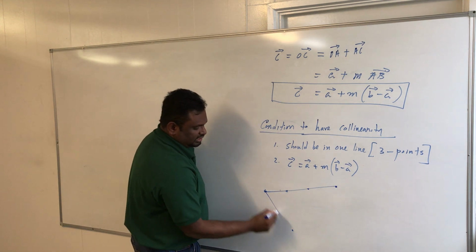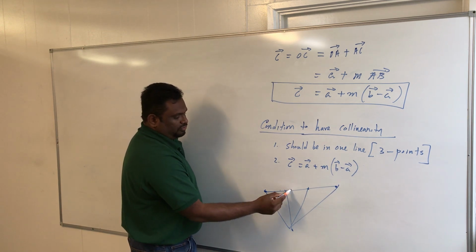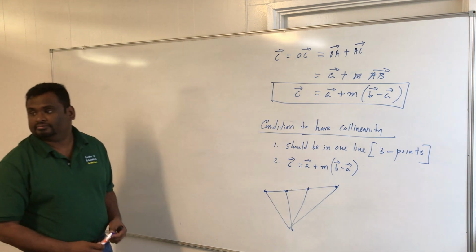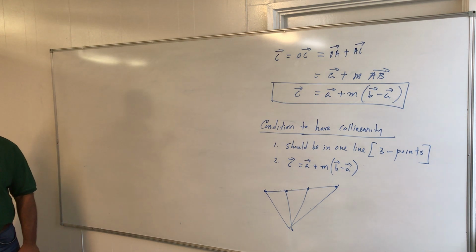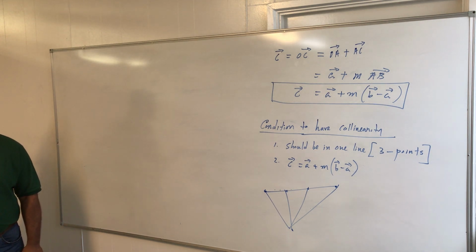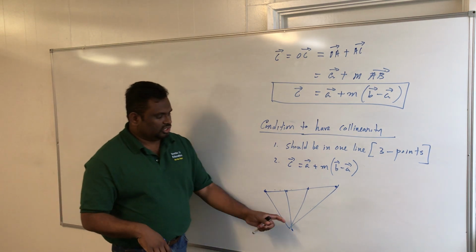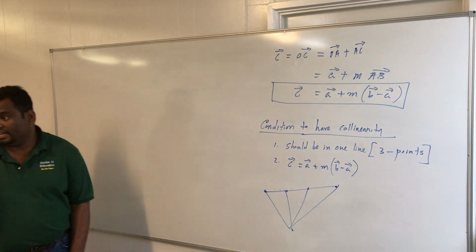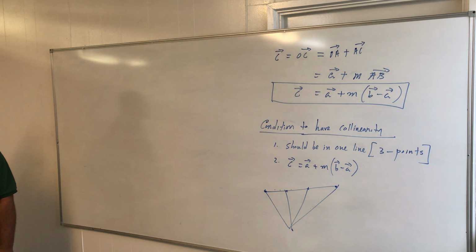If your origin is here, earlier we had 1, 2, 3, 4, 5, 6. Now we are introducing 7, 8, whole thing 9. So now you have to deal with 9 vectors, which is seemingly impossible. And if you want to extend that idea to the 5th vector, you are going to have 5 points. So how do you extend this collinearity idea to the 4th place or the 5th place? It's a very good question.